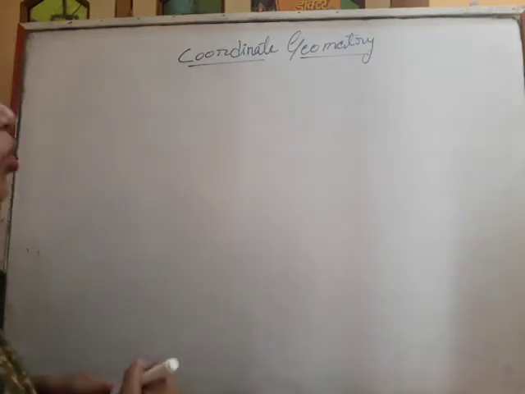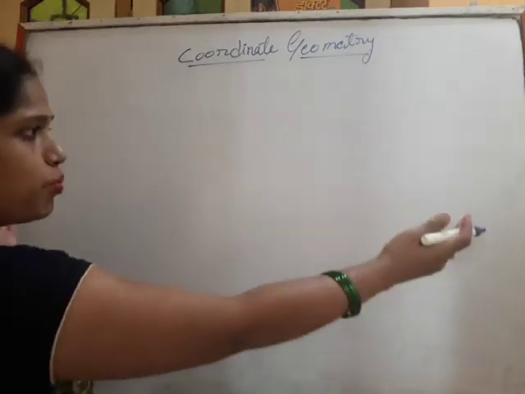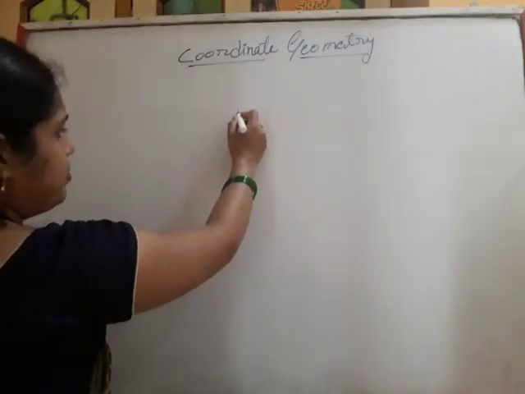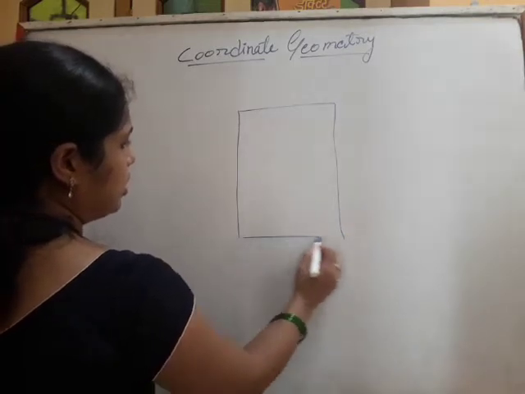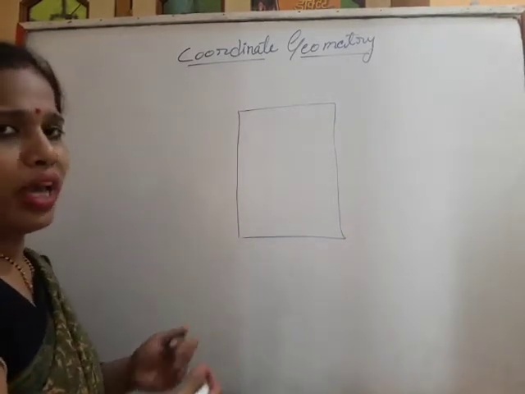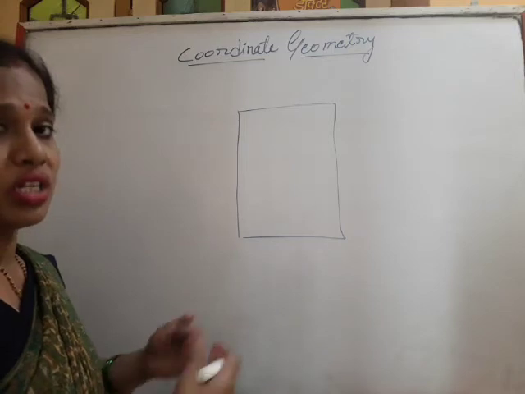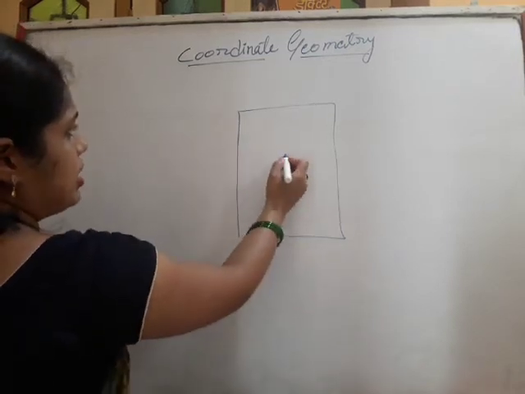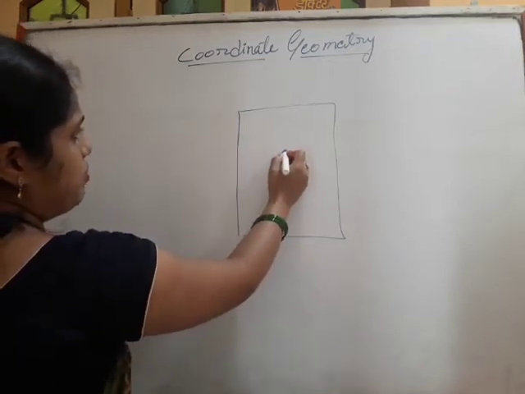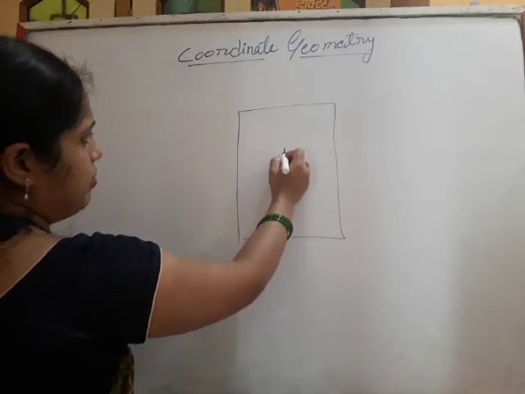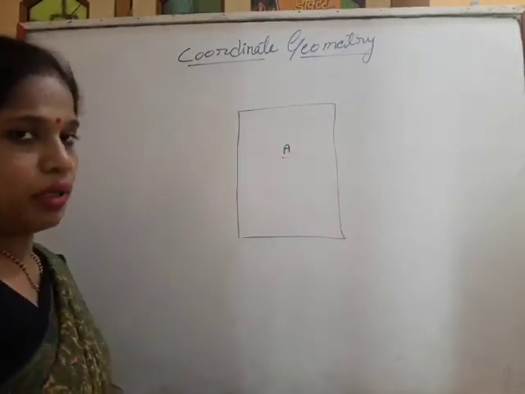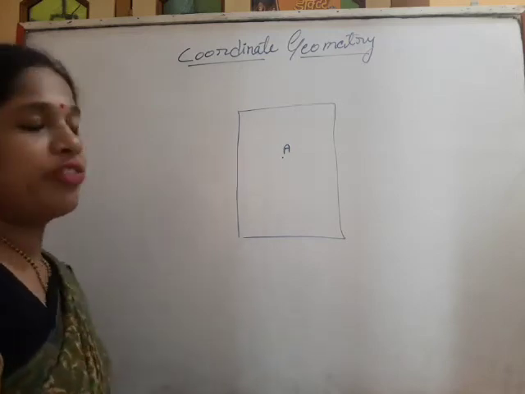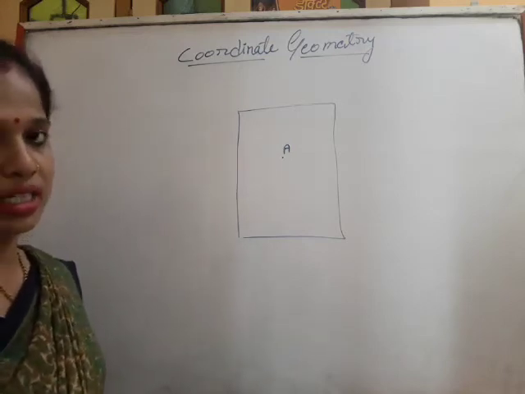Suppose there is a plane. This board is also a plane, but let me draw a very small plane for you. This is a square or rectangular board. There is a cup placed on this plane, or a table. How do we find the position of this cup on the table?